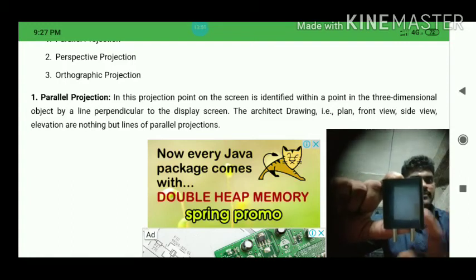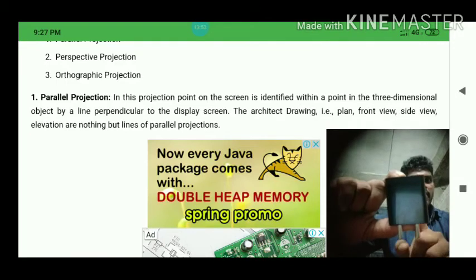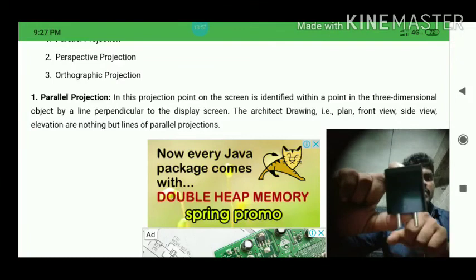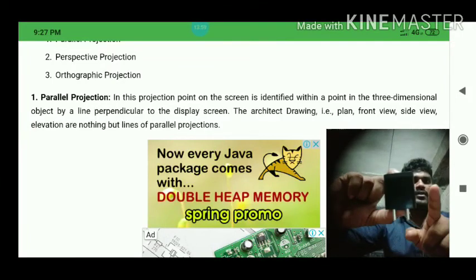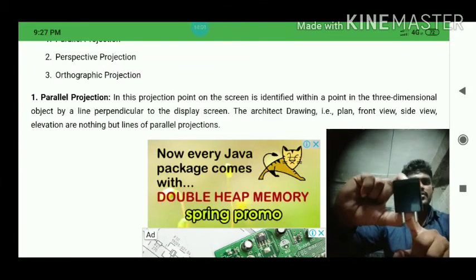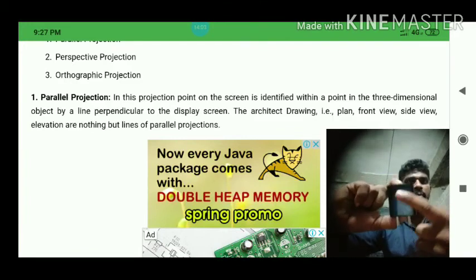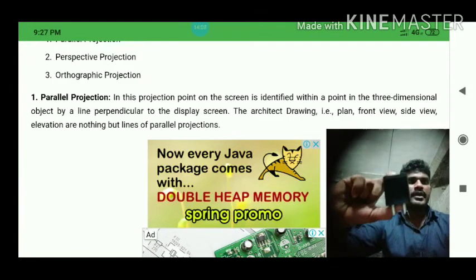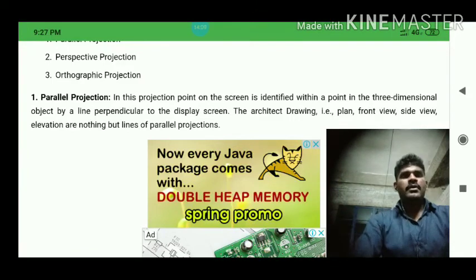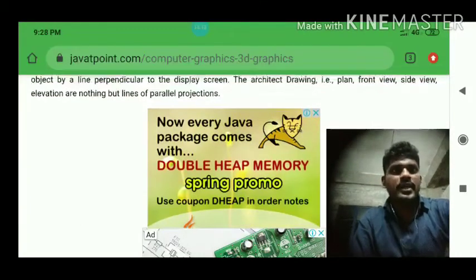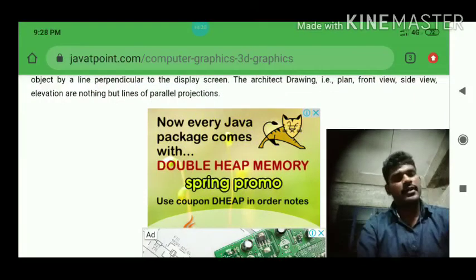But the back view we can't see, because it will not be visible on the sheet. This will show you the front view, side view and plan. This type of projection is called parallel projection. We'll see it in detail. Look here, I will tell you.